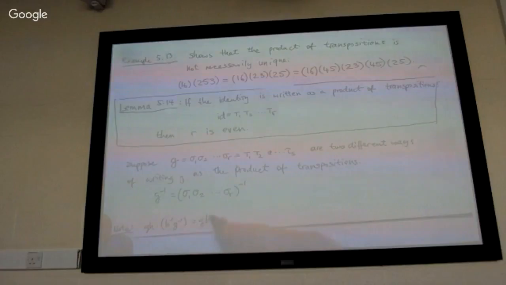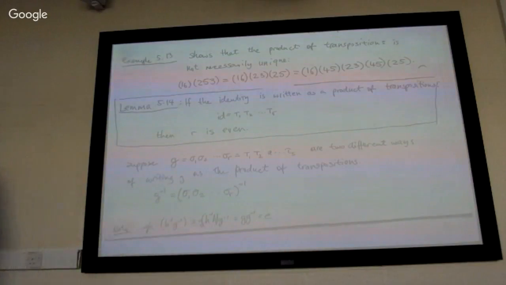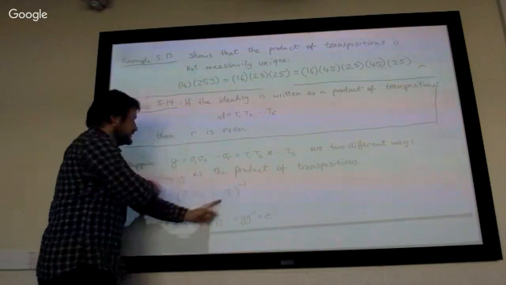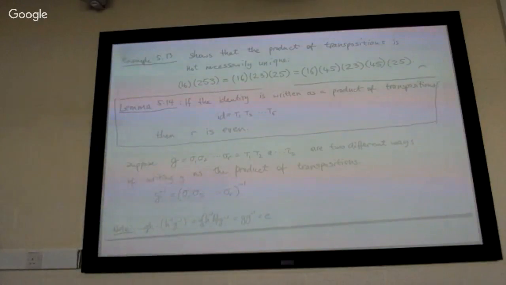So you can do H H inverse first, which gives you the identity. So this shows that this element is the inverse of that element. That proves that for the inverse, you reverse the order and put the -1 on all of the elements in the bracket.